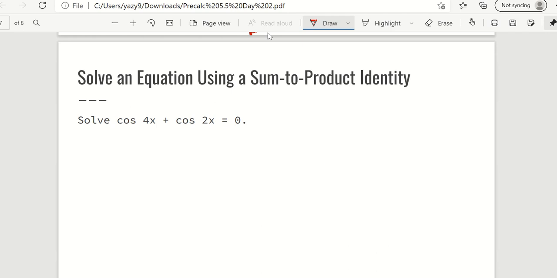All right, here's our last example right here, and we're going to solve this sum to product identity. So I have basically a cosine of alpha plus a cosine of beta equals 0 situation.